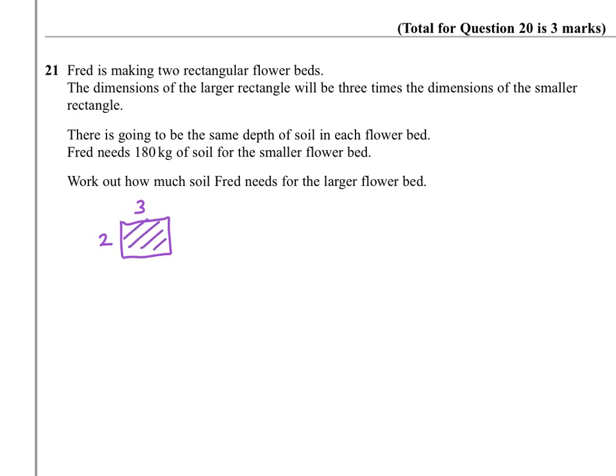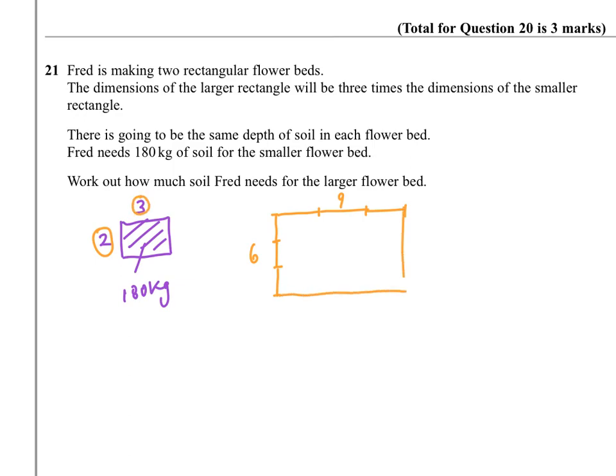Then, yeah, that was 180 kilograms of soil. But if we wanted to times the dimensions up by 3, then you'd have 2, 4, 6 here, because that would be times by 3, and then you'd have 3, 6, 9 for this dimension of the larger one.